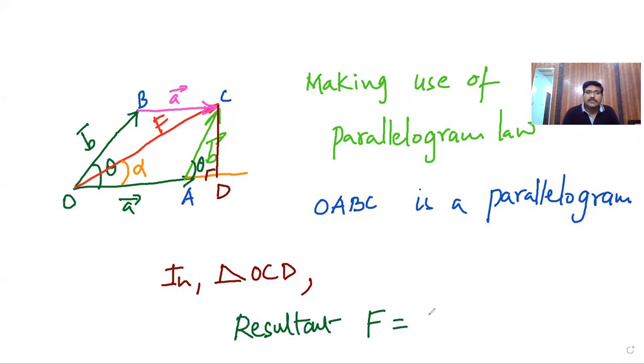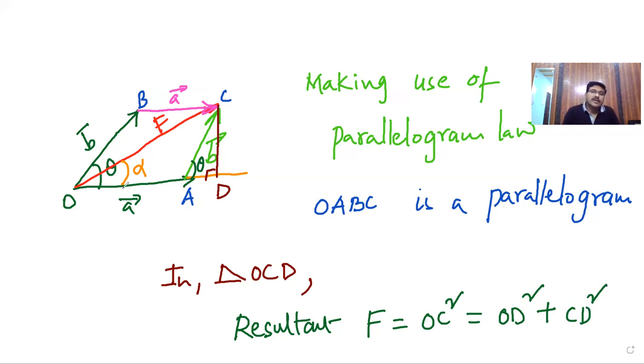F is OC square, which is equal to OD square, where OD is the base, plus CD square, where CD is the height.